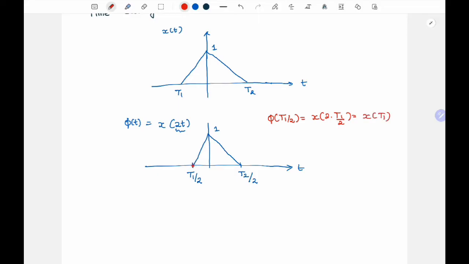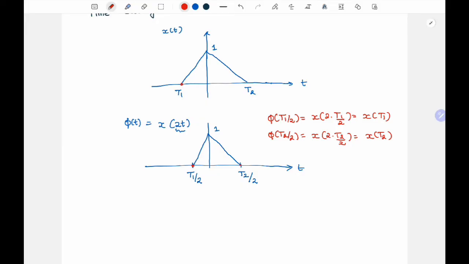So here x of t is going to 0 at t1, and phi of t is going to 0 at t1 by 2. And similarly for t2 by 2, phi of t is going to 0 at t2 by 2, while x of t goes to 0 at t2.